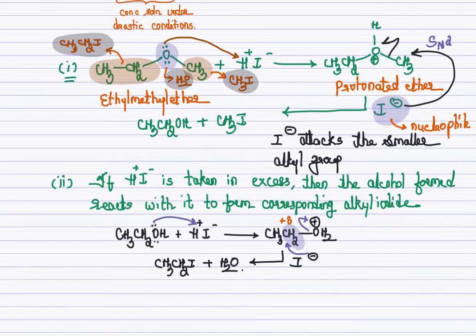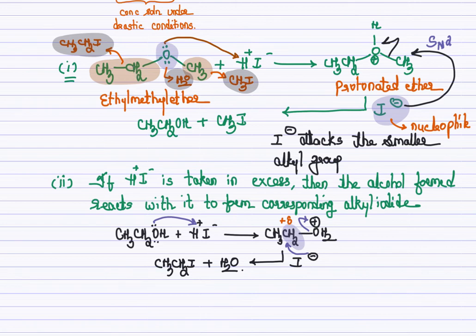So I am now going to give you the summary, right? First thing, if you use HI, let's say if you use only 1 mole of HI, then the smaller alkyl group becomes alkyl iodide, and the bigger alkyl group becomes an alcohol.